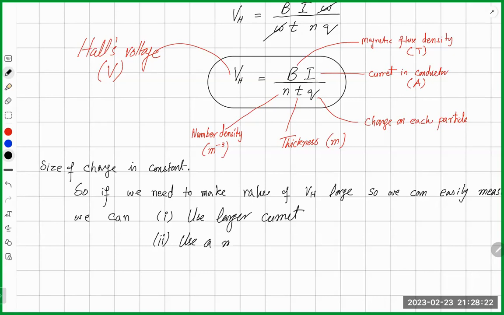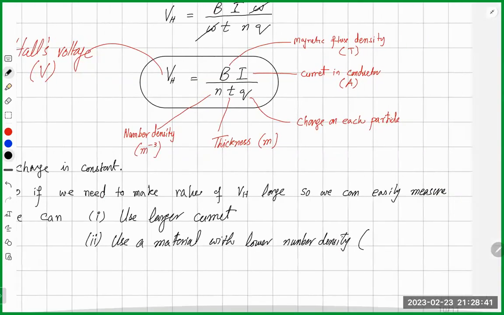Number two, use a material with lower number density. Semiconductors.